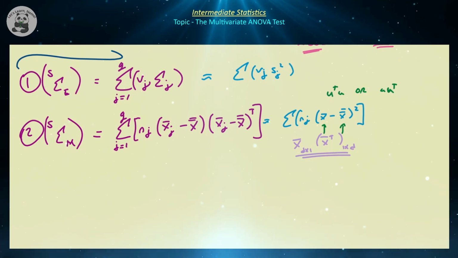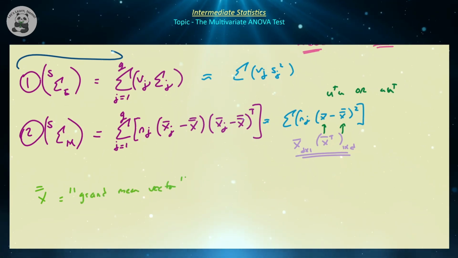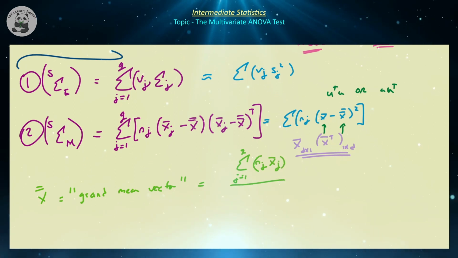And what is this x bar bar vector? So x bar bar is going to be our grand mean vector. And this is going to be equal to the sum from j equal to 1 to g of nj times x bar j vector, divided by our total size m. Okay, so that's our grand mean vector.